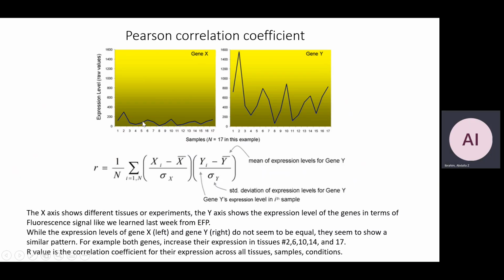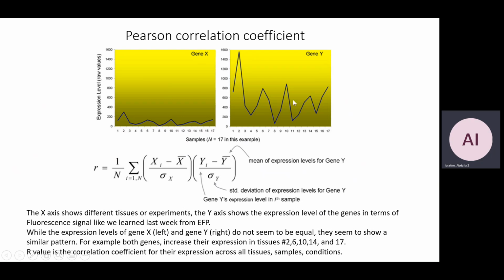Well, at first blush, when you see that this is really low and this is really high, you might be inclined to think that they're not correlated. But if you look a little deeper, you will see that this one peaks at 2, 6, 10, and 14. Similarly, this one peaks at 2, 6, 10, and 14.